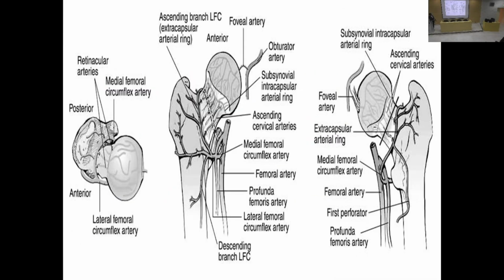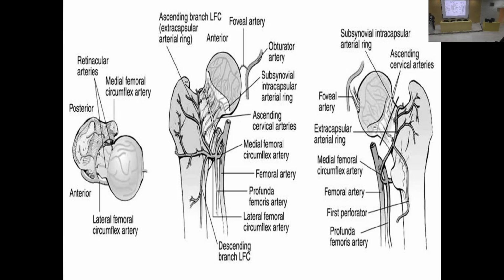Like here, this is the blood supply: the femoral artery, laterally it gives the deep profunda, and the deep profunda gives the circumflex arteries, and then from here there are ascending arteries, the retinacular arteries. Those arteries lie under the surface of the capsule. If there is a fracture, there is hematoma, and that will kink the blood supply to the head of the femur, jeopardizing the main blood supply.